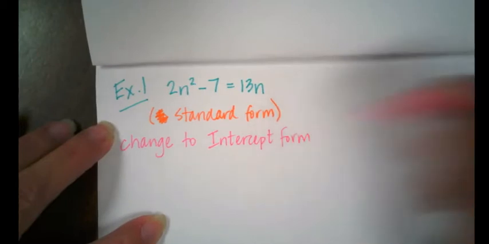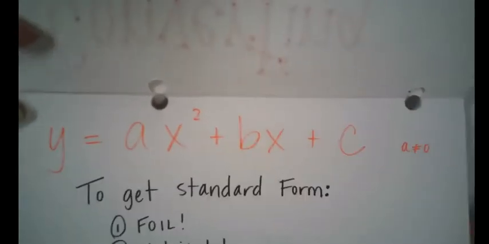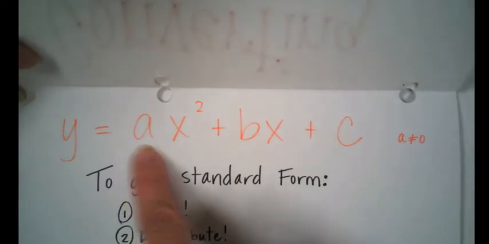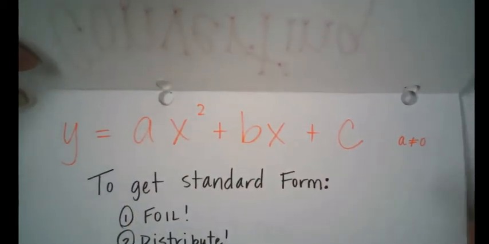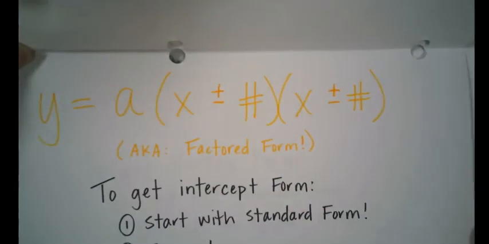So my first question was going to ask you what form this is in, and then I ruined it, of course. But this is in standard form, and basically the way we can tell is when our quadratic is in standard form, there's no parentheses. When our quadratic is in intercept form, we'll have 2 sets of parentheses.